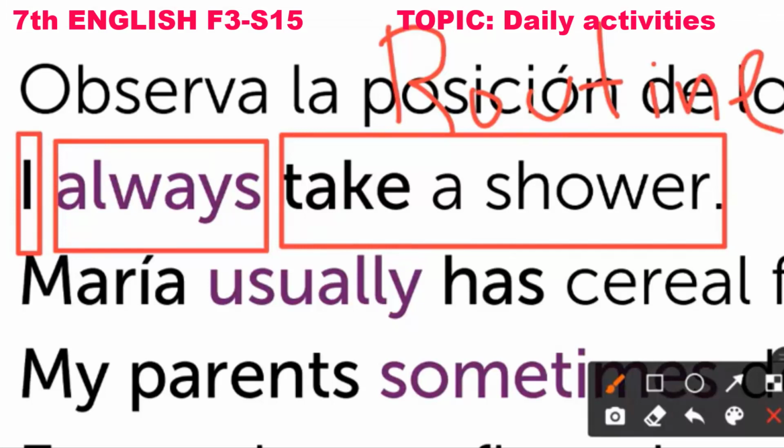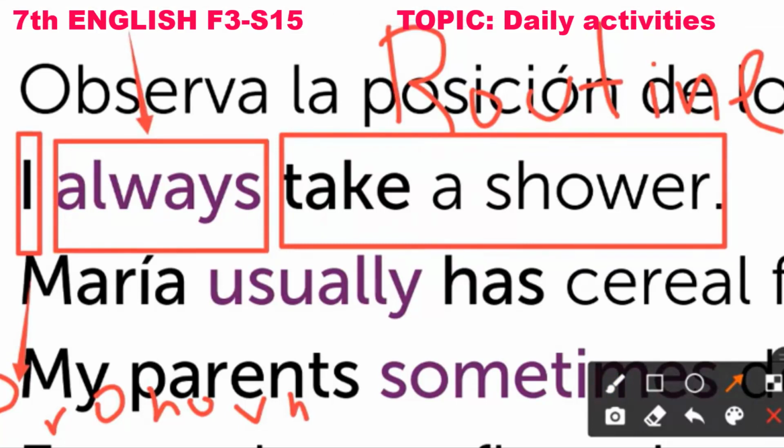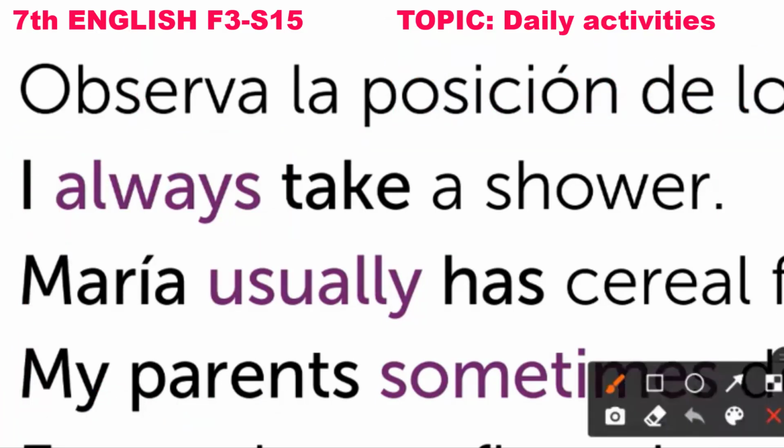I, en este caso, I es el pronombre. Pronoun. Yo. ¿Cuál de estos es el frequency adverb? El adverbio de frecuencia. This one. Always. Always in Spanish means siempre. Adverbio de frecuencia. Frequency adverb. I always take a shower.